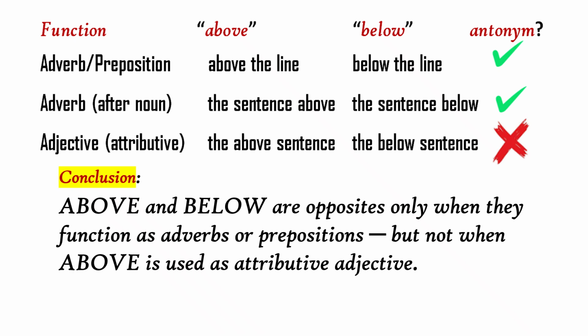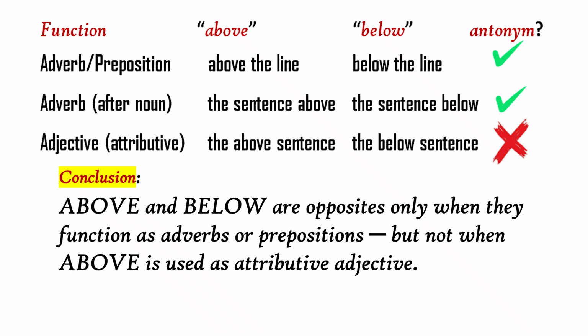So we have the summary. Function as adverb or preposition: above the line, below the line, perfect antonym. Adverb after noun: the sentence above, the sentence below, perfect antonym. But when used as adjectival attribute, the above sentence, you can't say the below sentence.